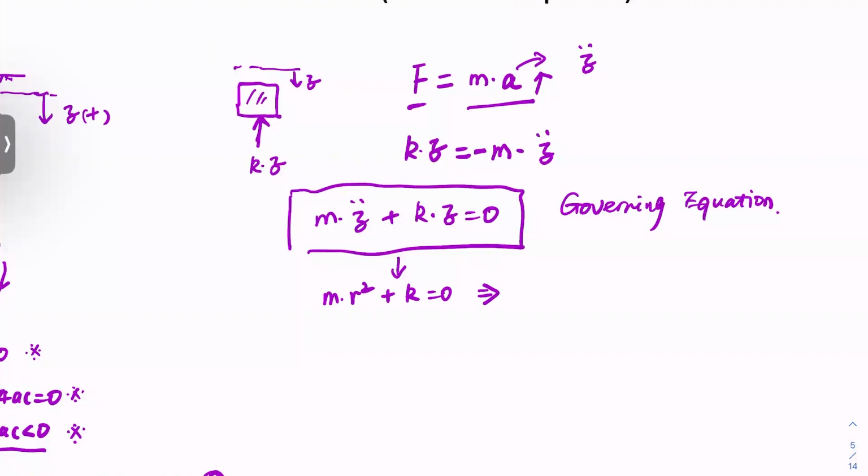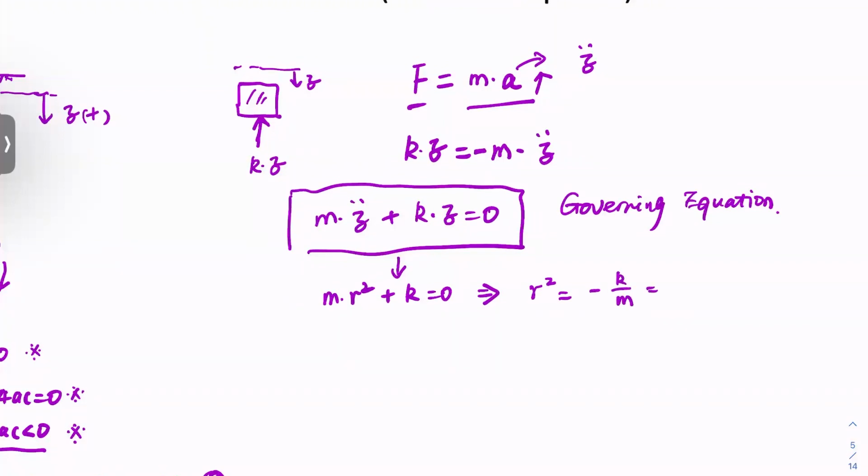So r squared is negative k over m, is that right?